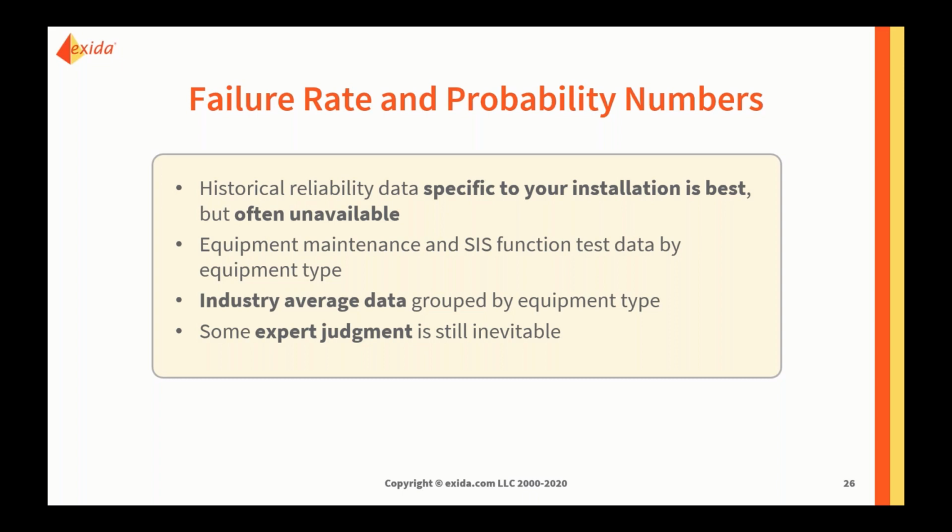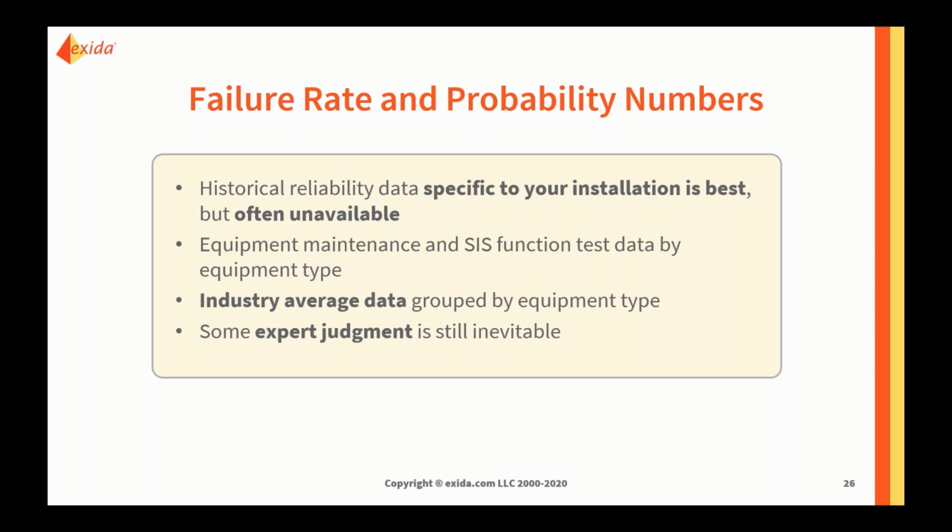In an ideal case, you're going to have a lot of equipment data, operating data at your disposal from your facility, operated in the way that you operate your equipment, as a foundation reference for estimating initiating event frequencies and failure probabilities. The downside is that, unfortunately, a lot of companies still don't put in all of the required effort to collect that data. And then even if they do collect that data, it's not often analyzed and put into a usable form that can feed well into a layer of protection analysis.